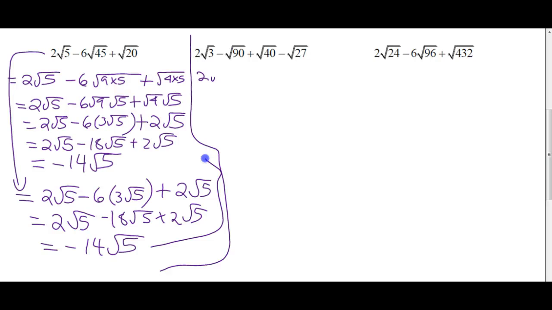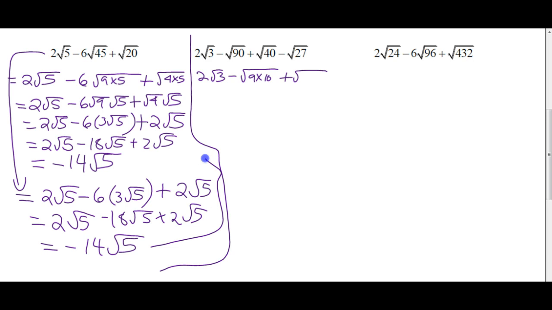Okay, so 2 root 3 minus, what perfect square goes into 90? 9, right? So it's 9 times what? 10. What perfect square goes into 40? Your choices are 4, 9, 16, 25. 4. Does 16 go into 40?